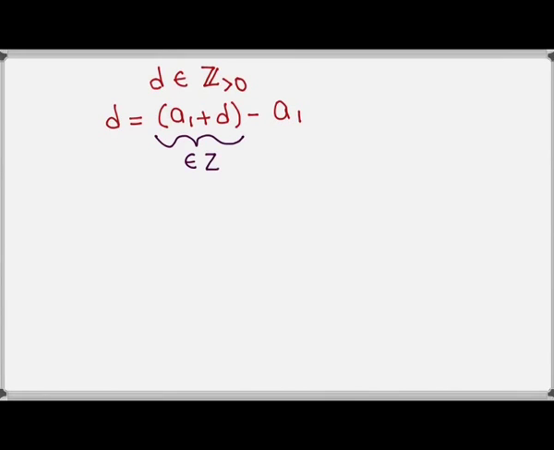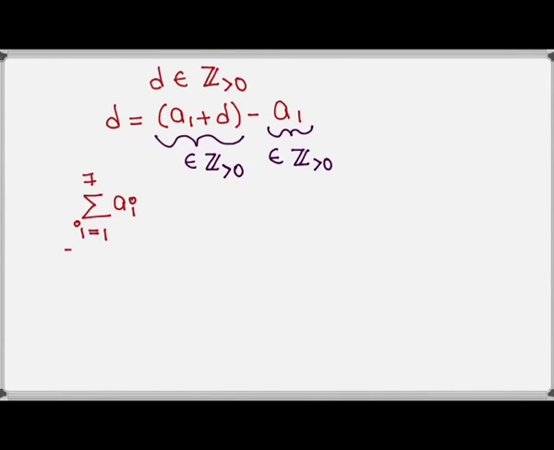Therefore, we can conclude that D is also a positive integer because D is nothing but A1 plus D minus A1, and we know this is a positive integer and also this is a positive integer.